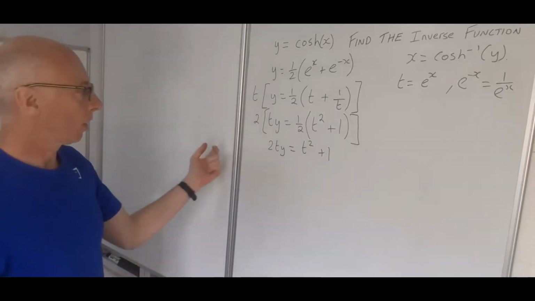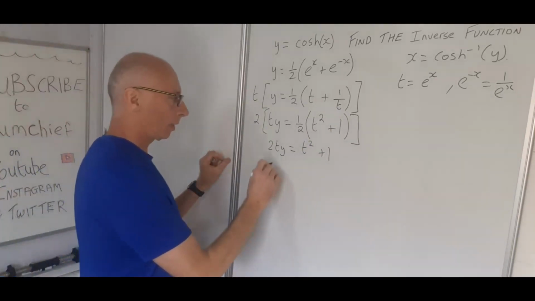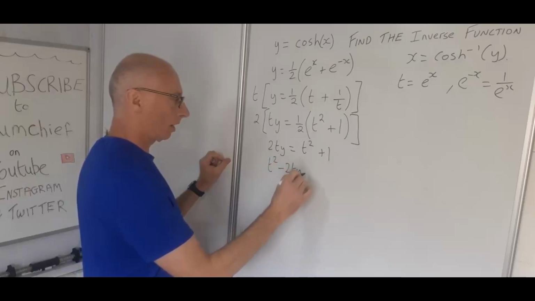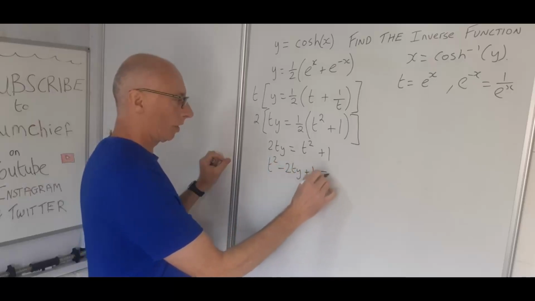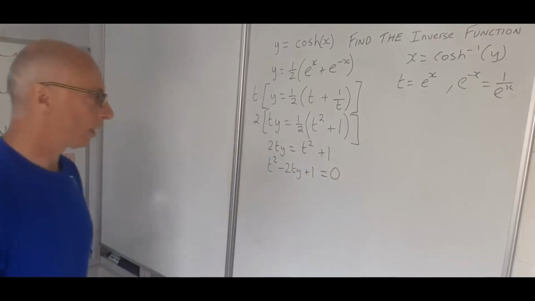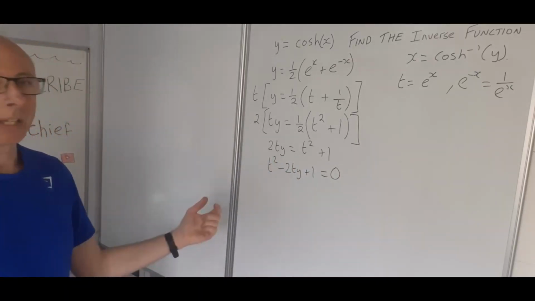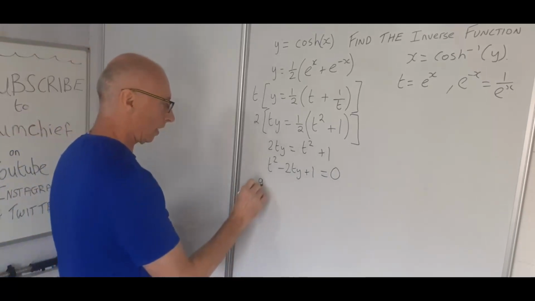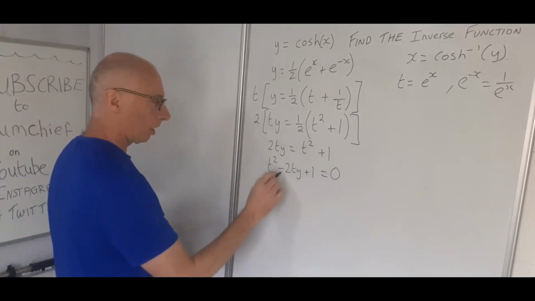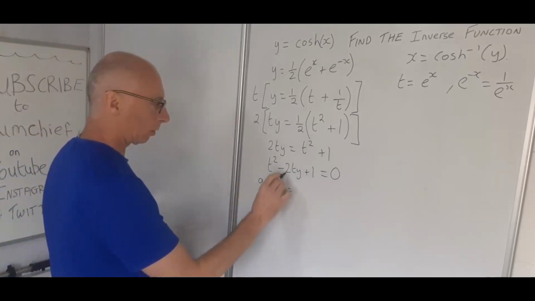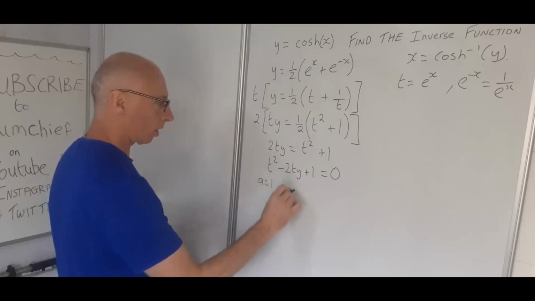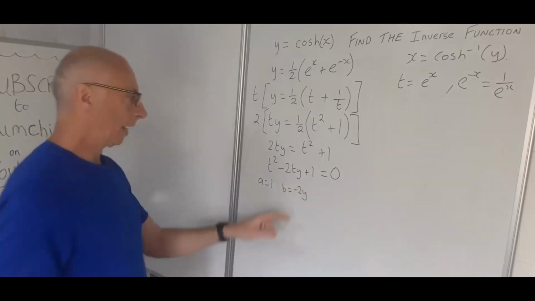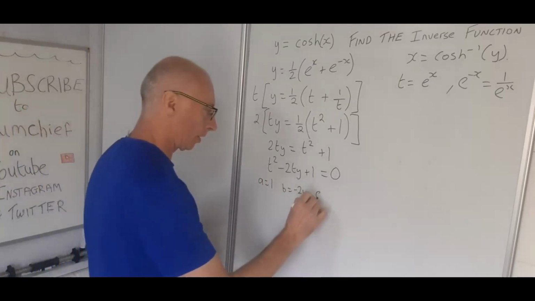Let's get everything over on one side: t squared minus 2ty plus 1 equals 0. Now we've got quadratic form with a equals 1, b equals minus 2y, and c equals 1.